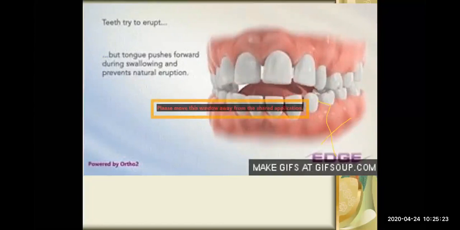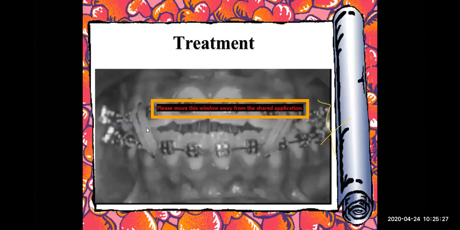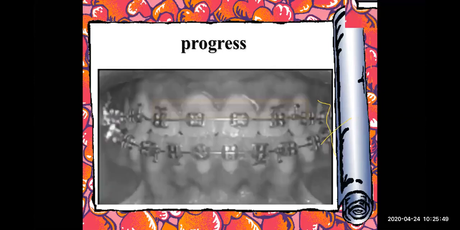You have the anterior open bite, and there will be spacing in the anteriors, in both the maxilla and the mandible. You can plan the treatment accordingly depending on your tongue thrust.